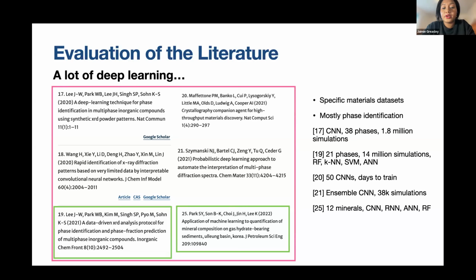Most of the works focus on phase identification, using CNNs, lots of CNNs, ensembles, etc. They would have a data set comprised of, let's say for reference 17, 38 phases, but not 38 phases all in one sample. It's just that you have an option of 38 phases.